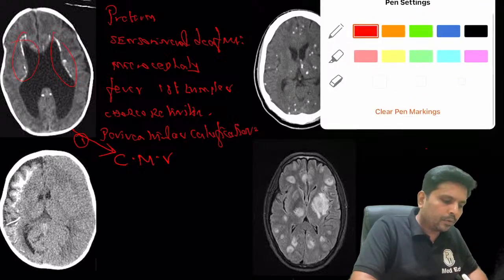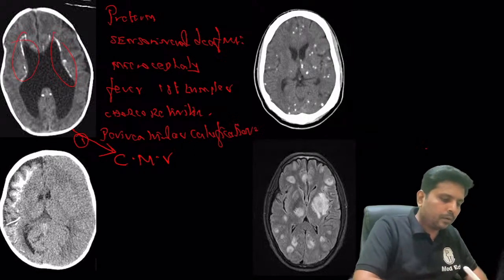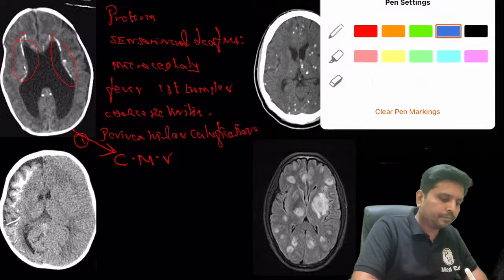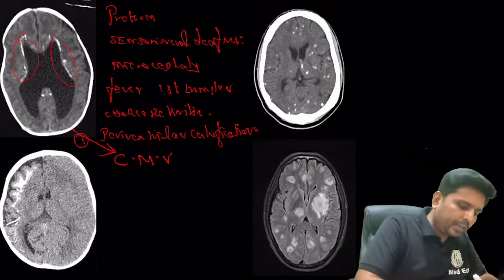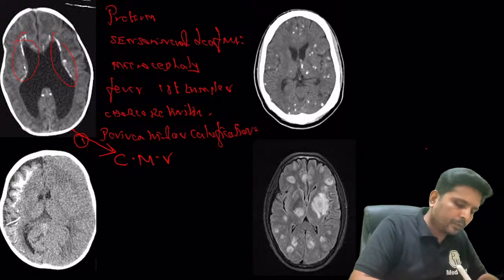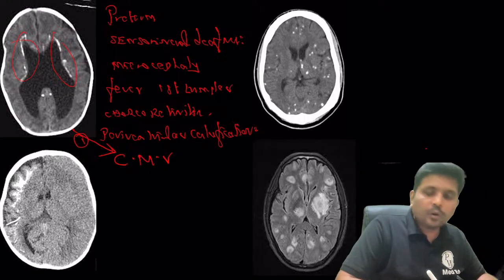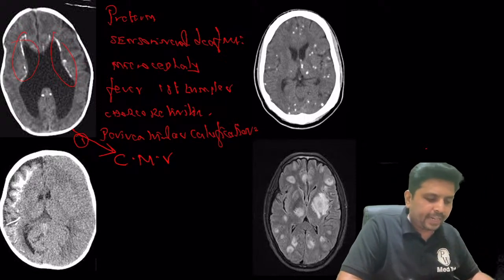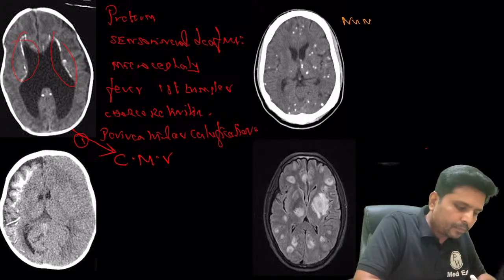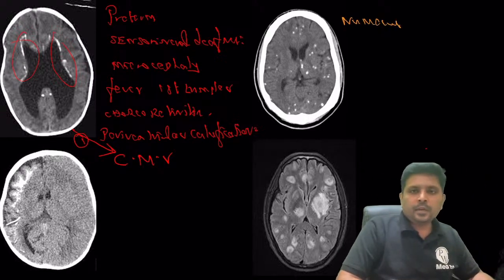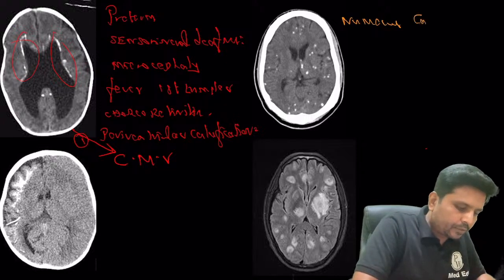Now, the second, you could see numerous, look at this. And one more finding, what is this? You could see numerous calcifications everywhere, not periventricular.